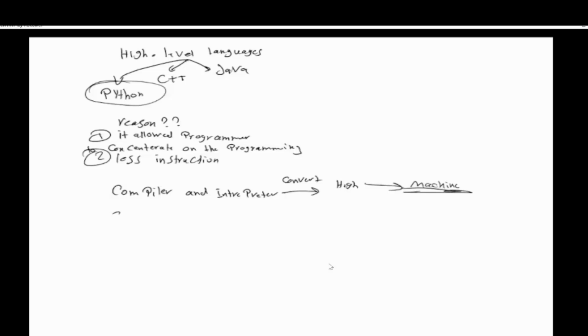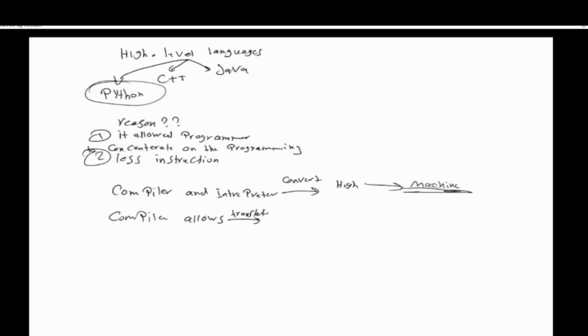The compiler allows us to translate our high-level languages to machine language, and then save the code that has been translated.